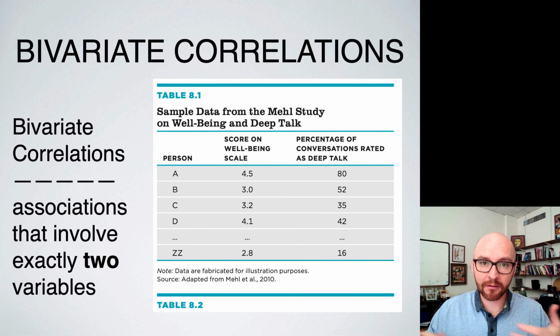Are people who are doing well engaging in more deep talk? Or are people who engage in more deep talk better as a result? We don't know what the direction is. And that's one of the limitations of a bivariate correlation.